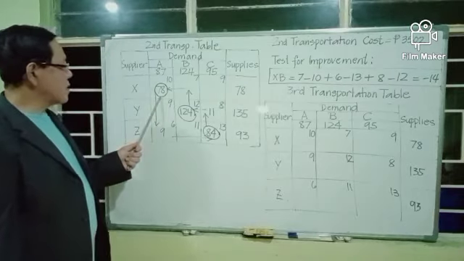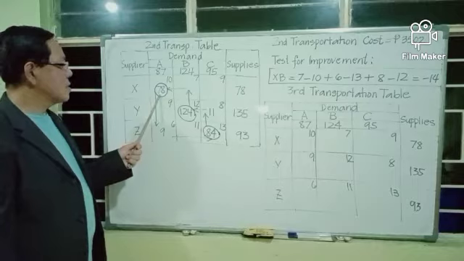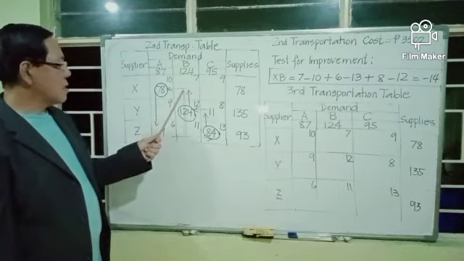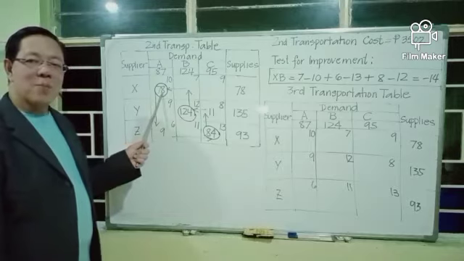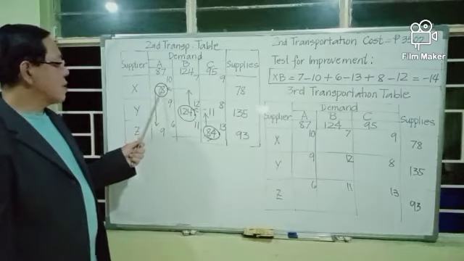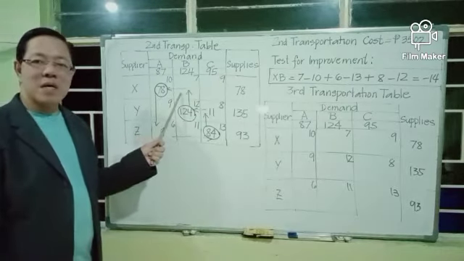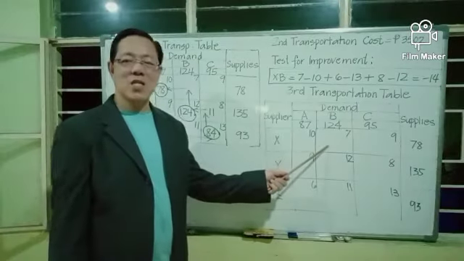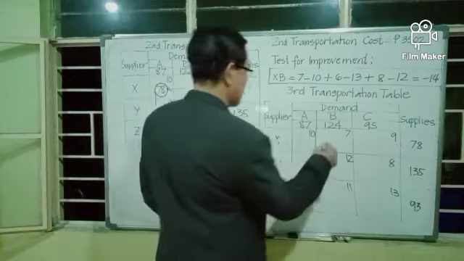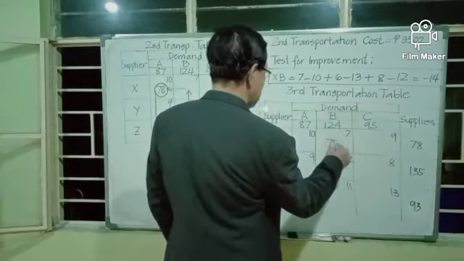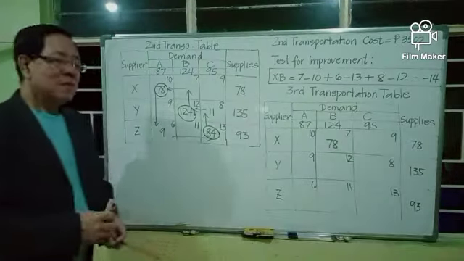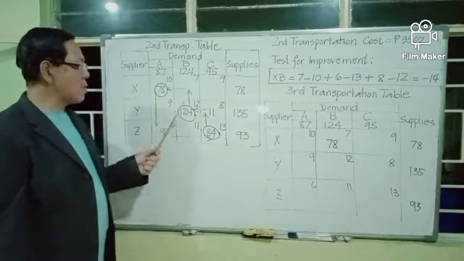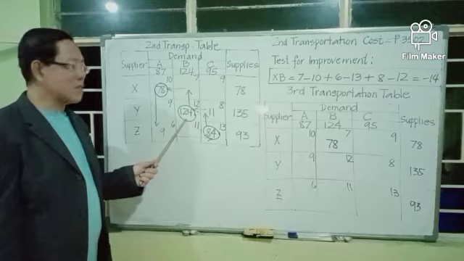So we transfer 78 to this vacant cell, and this 78 will now become 0. 78 will be transferred to the vacant cell XB in the third transportation table. Because we have moved 78 units to this vacant cell, 124 has to change.